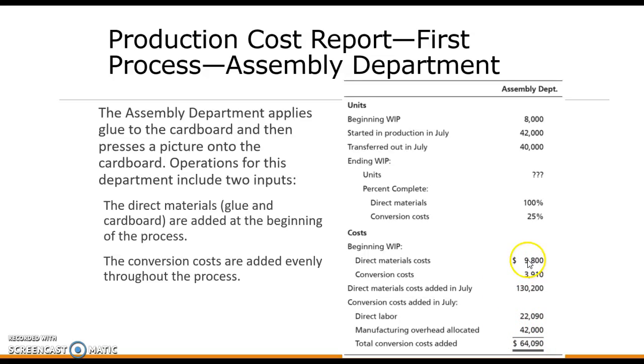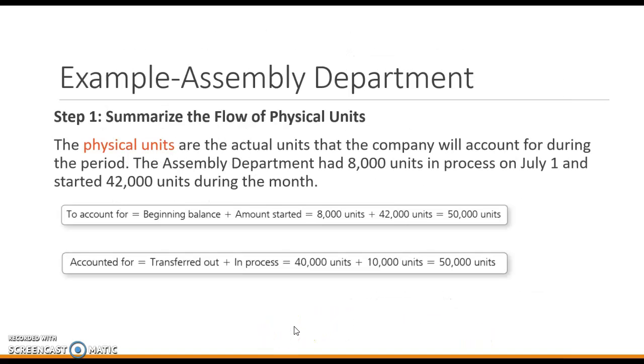So we already had this $13,000 to start with, the beginning of July. This was the beginning balance of our work in process account. Then during the month of July, we added this $130,000 of direct materials and $64,000 of direct labor and overhead.